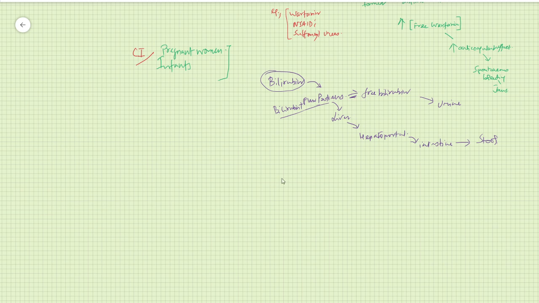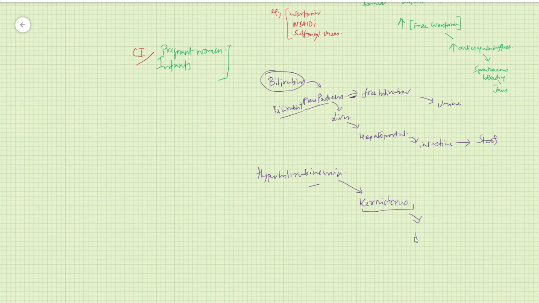So when that happens, we call it hyperbilirubinemia. Hyperbilirubinemia, meaning increased concentration of free bilirubin in the blood, and the consequence is it can get deposited in the brain, and that can cause something called Kernicterus. Okay, and what is the consequence of Kernicterus?